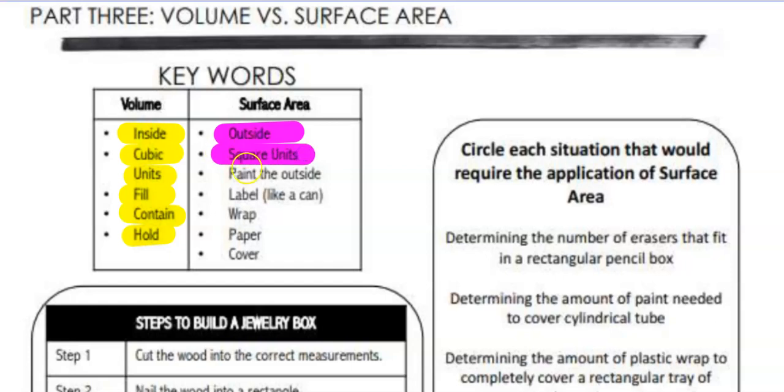Square units, you're painting the outside of something. You have a label, like the label on a can is on the outside of the can. If you're wrapping something with perhaps gift wrap. If you have paper that's covering, and there's cover. So these are keywords that are going to help you figure out whether it's going to be volume or surface area, because that's going to tell you which formula you're going to use.